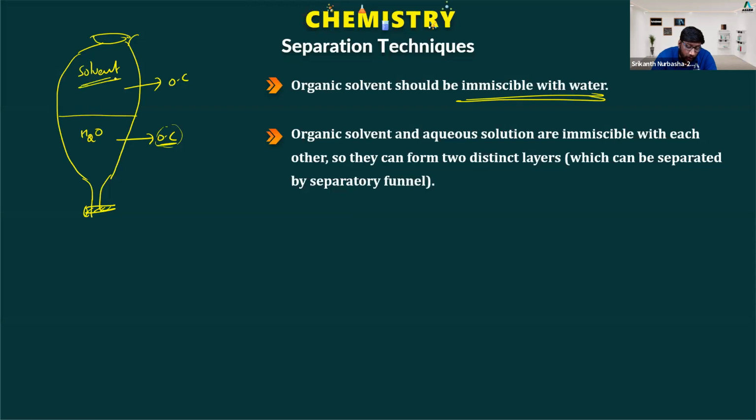Second point is the solvent and water are also immiscible. If the solvent and water are miscible, then what is the point of taking the organic compound from the water to the solvent layer? That is not happening. The organic solvent should be immiscible with water. Organic solvent and aqueous solution are immiscible with each other, so they form two distinct layers which can be separated by a separating funnel, which looks like this.